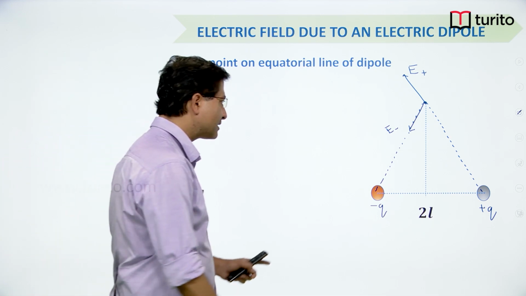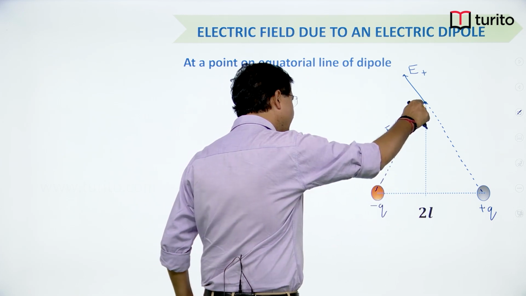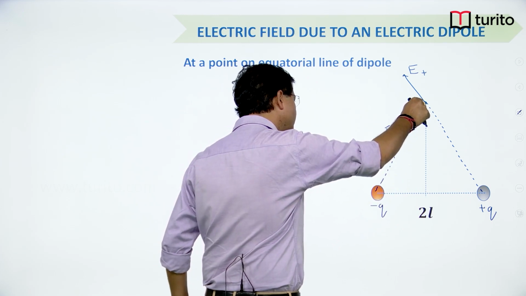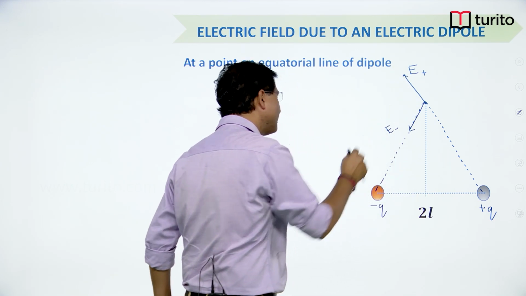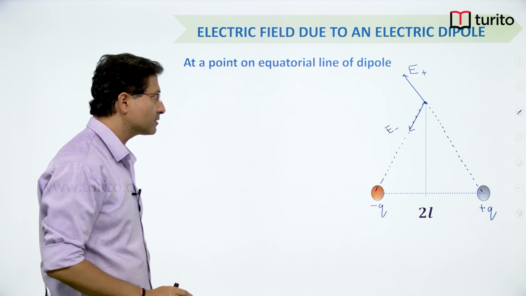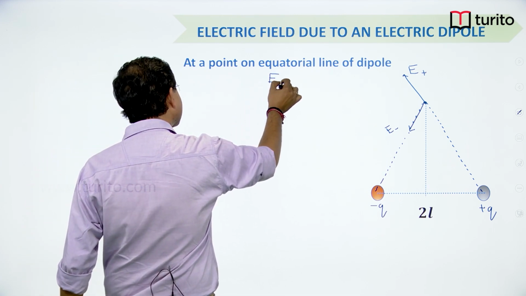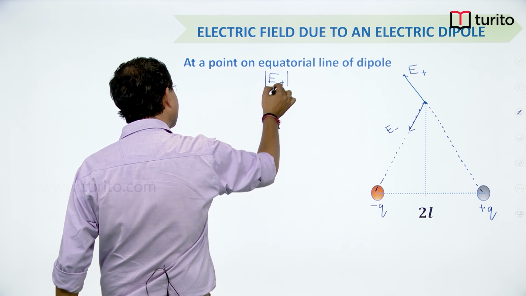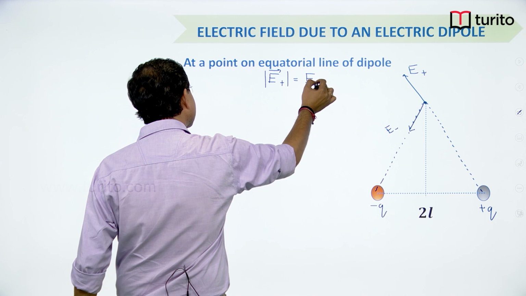Now, as the magnitude of charge is the same and the separation between the point and charge is the same, this E plus will have the same magnitude as that of E minus. So, magnitude wise E plus is the same as E minus.